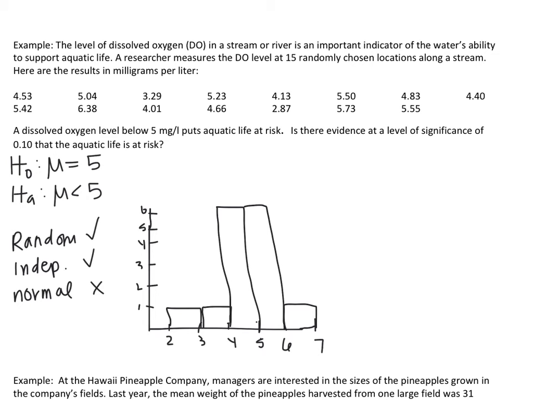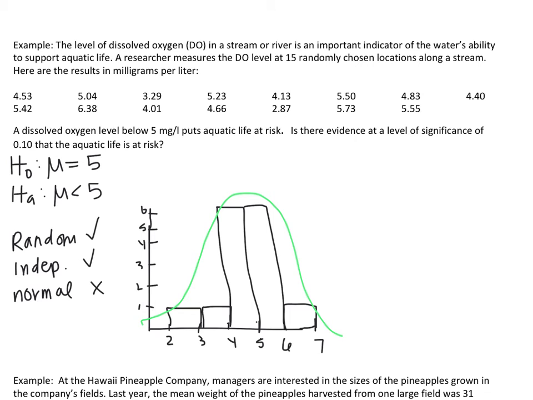So if I look at what this graph looks like, drawing a curve that goes along with it, my curve is roughly normal. So we can go ahead and perform our hypothesis test. So what we need to do now is use our sample to find its mean and standard deviation.